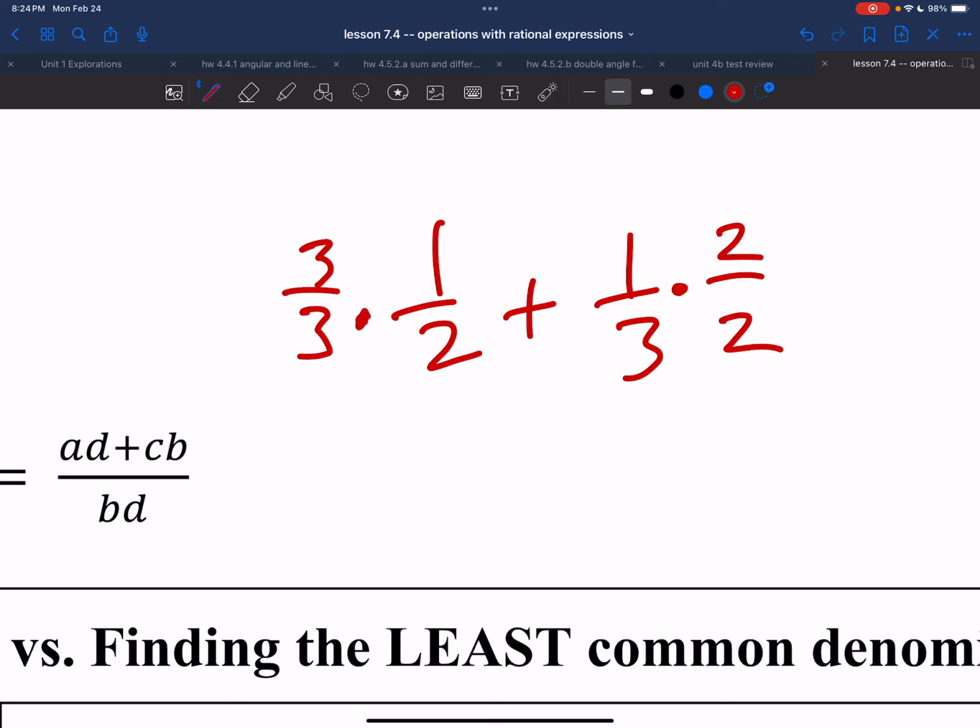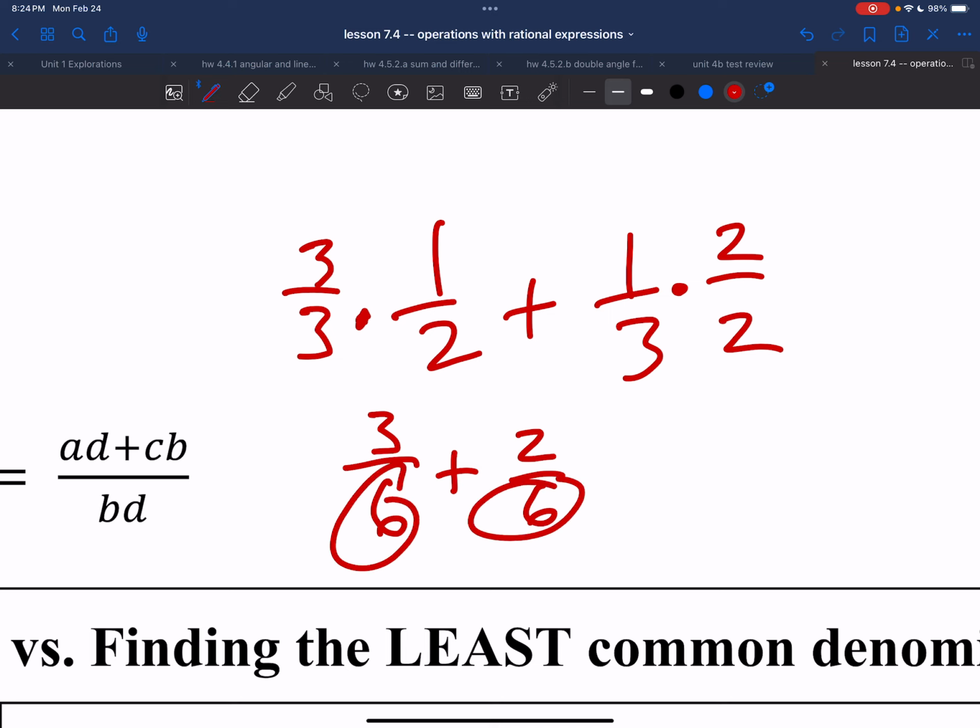Then through this multiplication, you get 3 over 6, and 1/3 times 2 over 2 is 2 over 6. And now that they have the 6 in common, that's like the part, the size of the fraction you're adding. Then you can add those two parts together to get 5/6, right? And that's the basic premise of adding fractions.